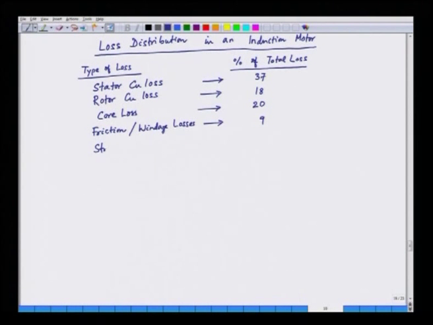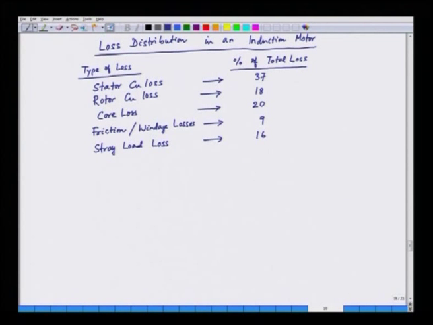Stray load losses is about 16%. So, these are the various losses of an induction motor.